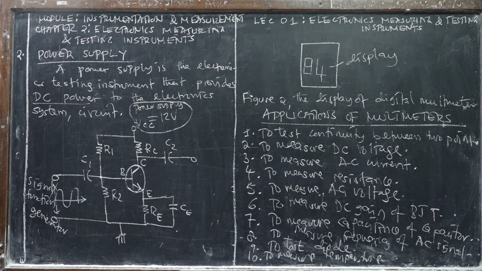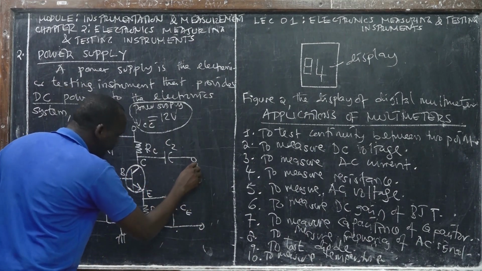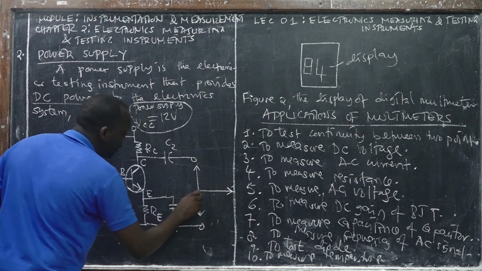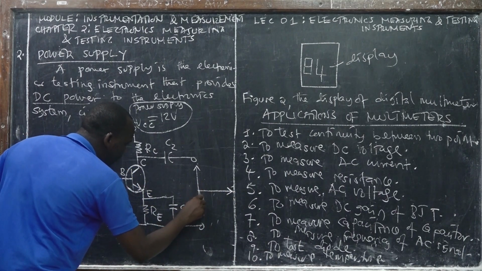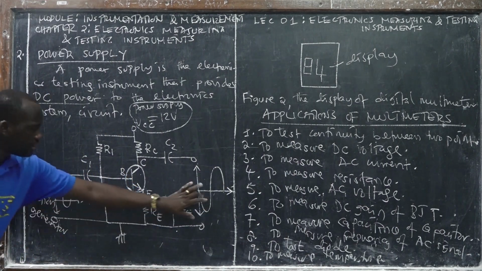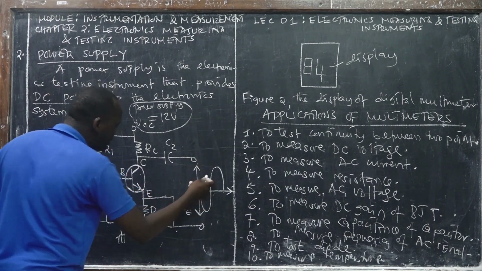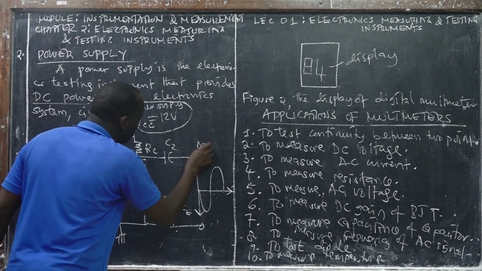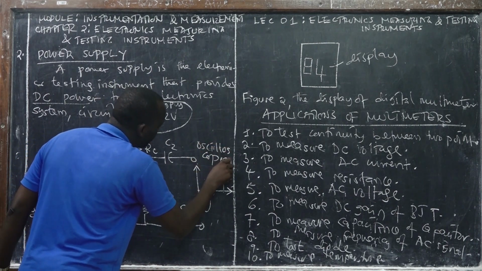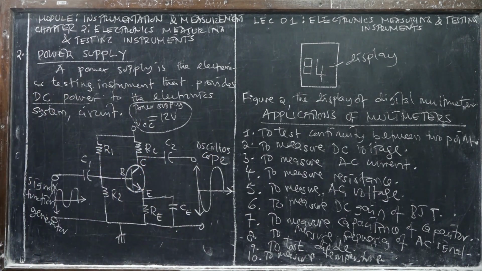Because I want to show you where we apply these measuring instruments, on this side we are going to have the amplified version. This is more amplified compared to this one. In order to visualize the waveform, we need to use the oscilloscope.